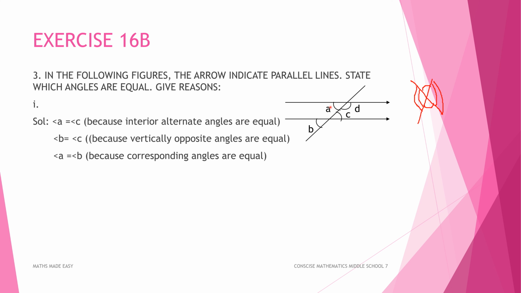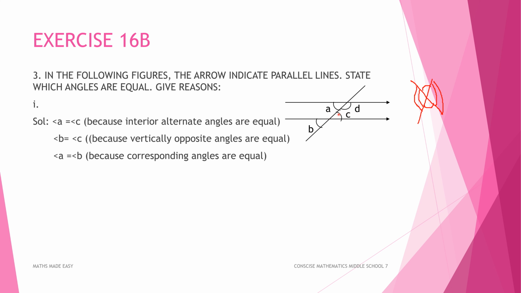Similarly, angle A and angle B are corresponding angles. How to identify corresponding angles: when two parallel lines are intersected with a transversal line, this is the transversal line and these both are parallel lines, right? On this transversal line, you can find two intersecting points.